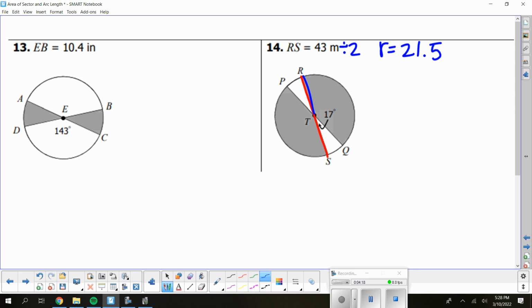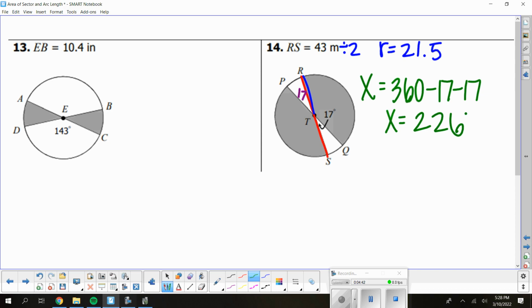Then I actually have the angle of my unshaded, which again, if this is 17, it's going to be vertical, so this is 17. So I can find my shaded by doing 360 minus 17 minus 17, so that my x value is equal to 226.